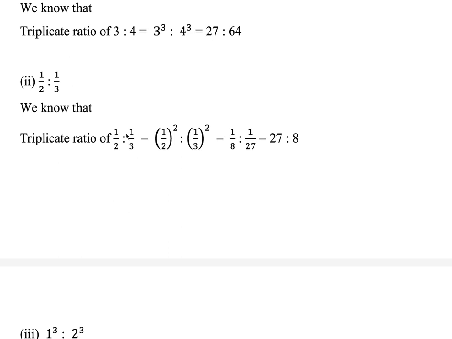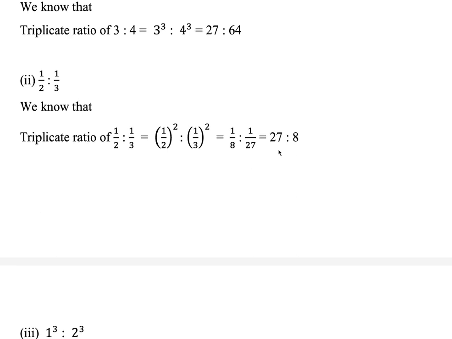Triplicate ratio of 1/2 is to 1/3. So it should be 1/2 to the power cube, this is a typing mistake, is to 1/3 to the power cube. So that comes to 1/8 is to 1/27. That comes to 27 is to 8.